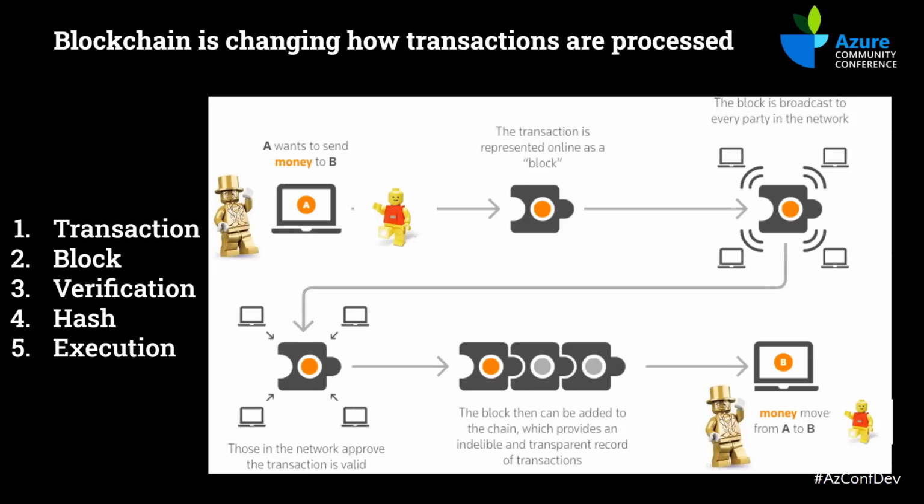Only once the block is added to the blockchain, money can be moved from party A to party B. So the 5 things to remember when it comes to a blockchain transaction are transaction, a block, verification, creating a hash by creating a block, and executing that particular transaction.